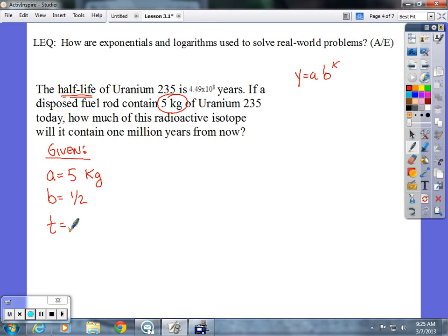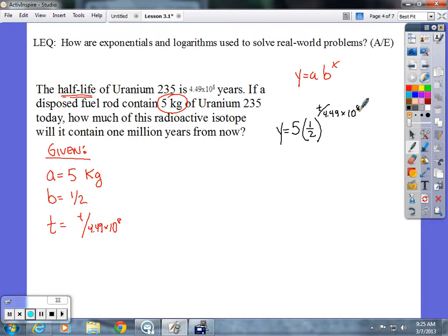So our time is going to be t divided by 4.49 times 10 to the 8th. If I write my equation then, I end up with y equaling 5 times 1/2 to the t over 4.49 times 10 to the 8th.